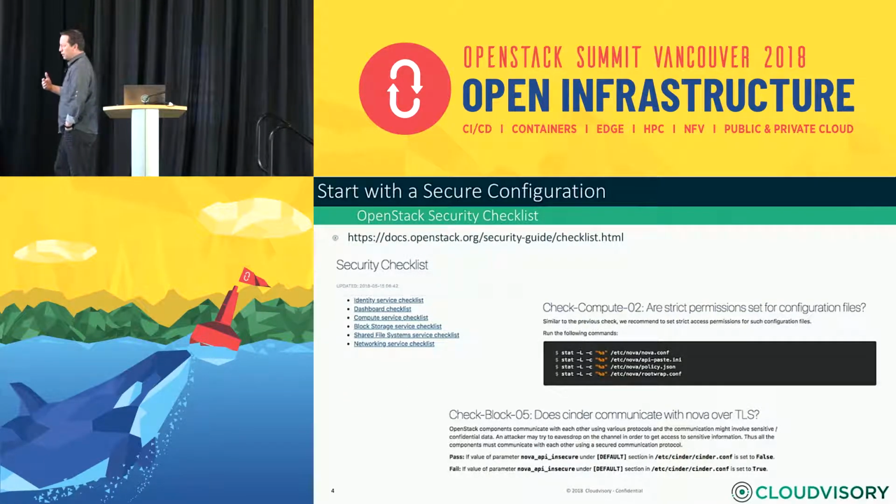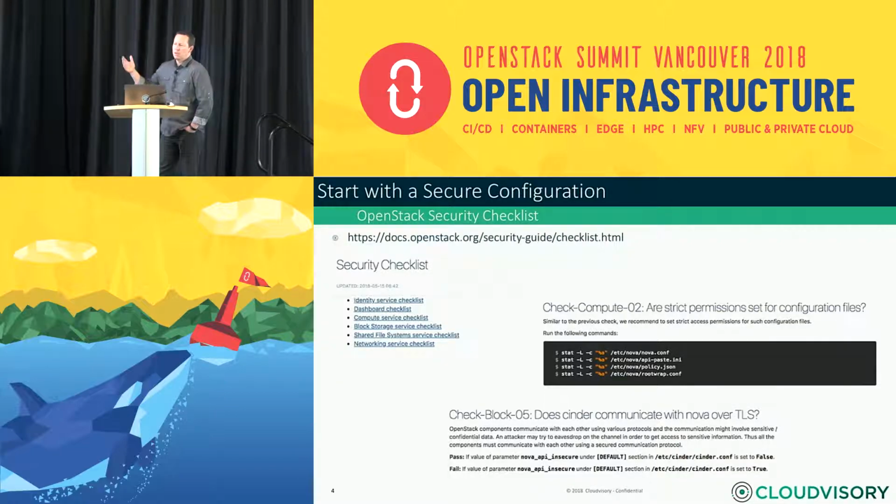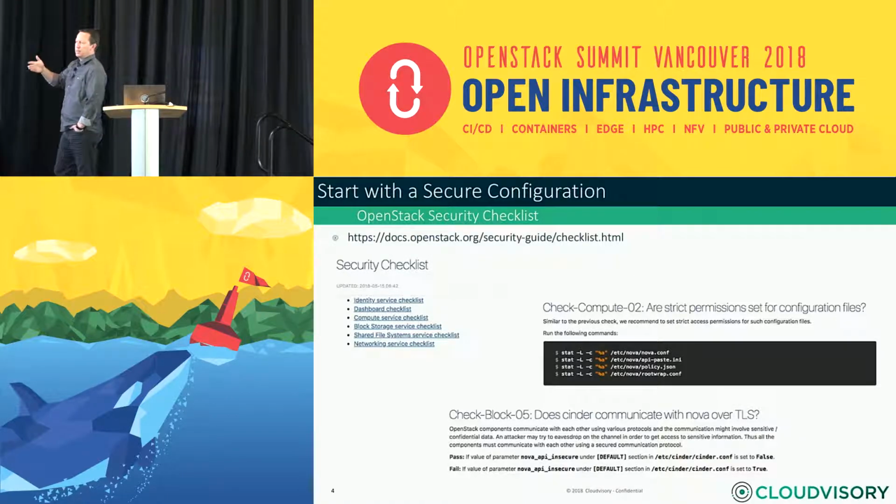So where do you start? The first place you start is actually looking at the configuration of your environment. OpenStack's done a great job community-wise. They've come up with recommendations and best practices around security. They actually have what's called a security checklist, which has been published at this URL right here. And it looks at things related to, is Keystone configured properly? Is TLS enabled?